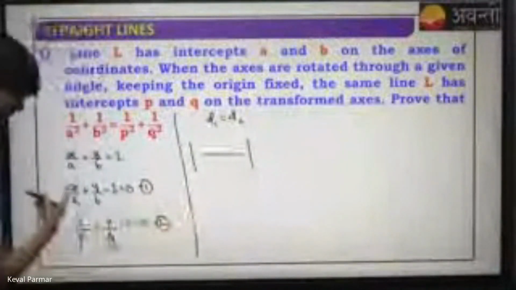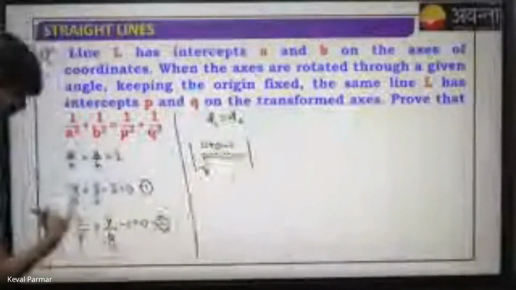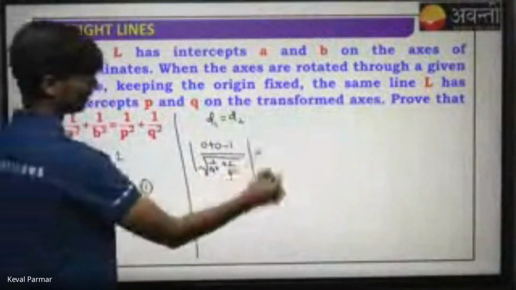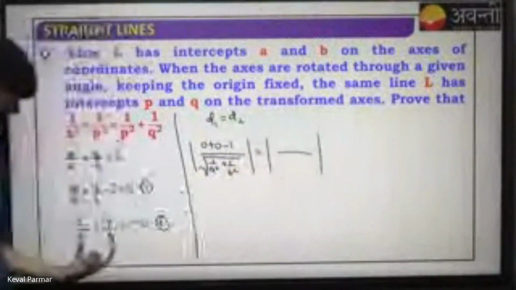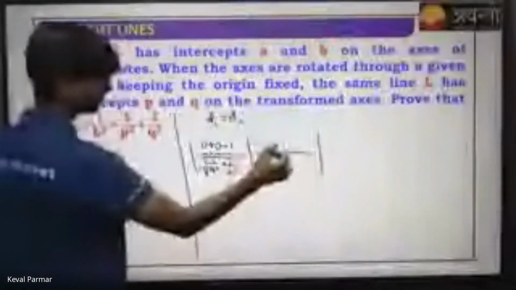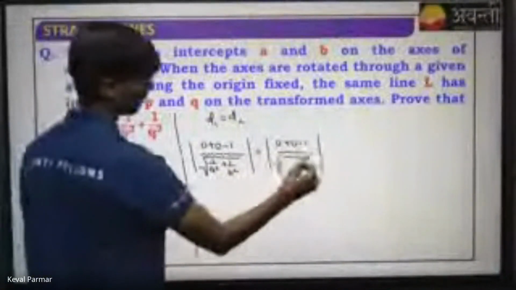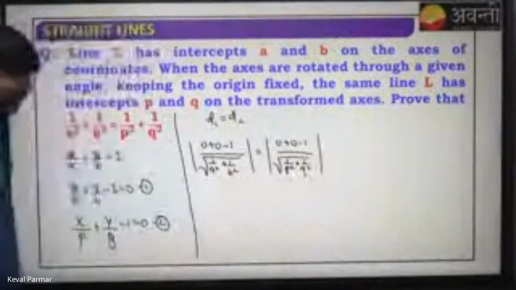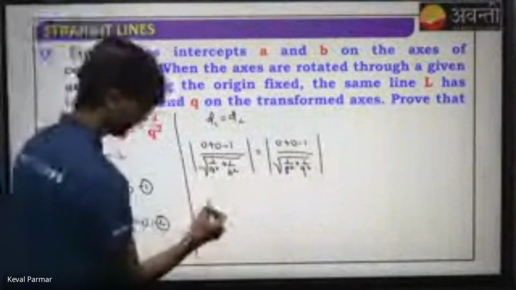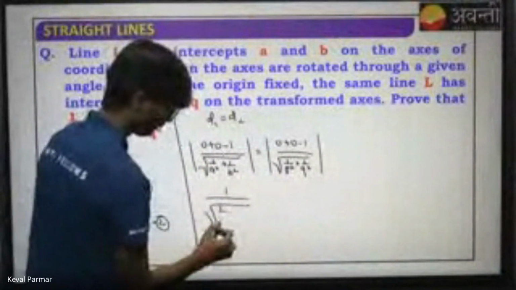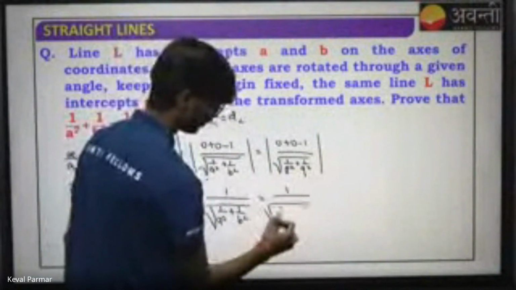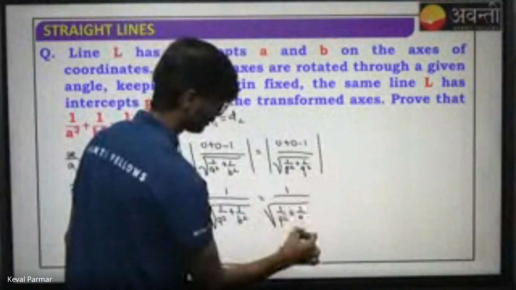Substituting 0, 0: minus 1 upon under root of the sum of the squares of the coefficients, equals, again substituting the origin in the other line, 0, 0 minus 1 upon under root of 1 upon p square plus 1 upon q square. Correct? So I get 1 upon under root of 1 upon a square plus 1 upon b square equals 1 upon under root of 1 upon p square plus 1 upon q square.